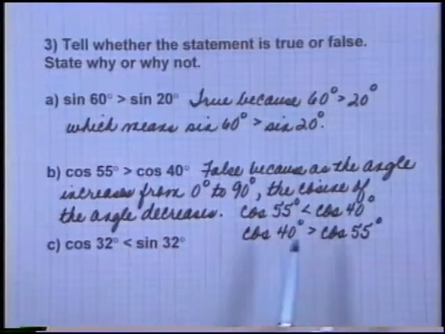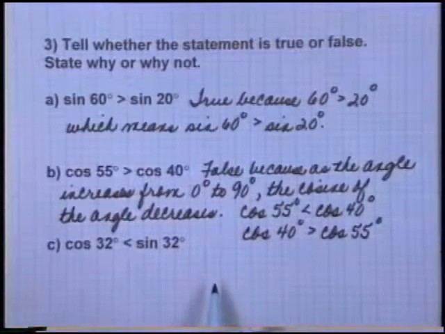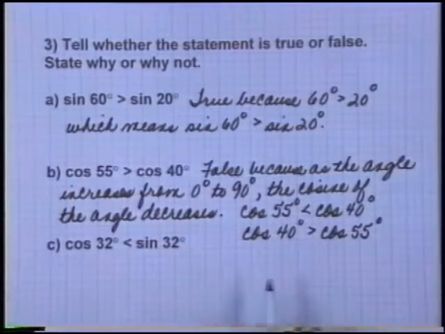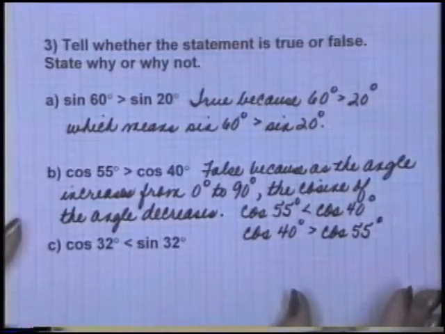And of course the reason for that is because as the angle gets larger, the x coordinate gets smaller, which since the cosine is x divided by r, causes that cosine function to decrease.